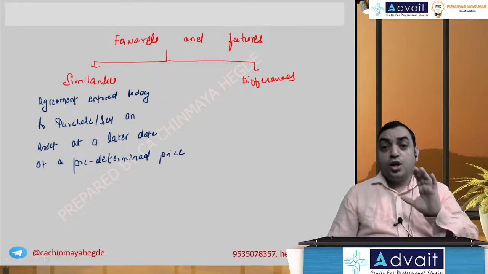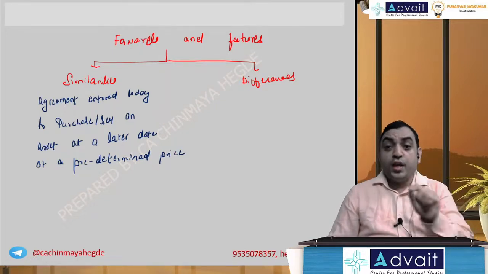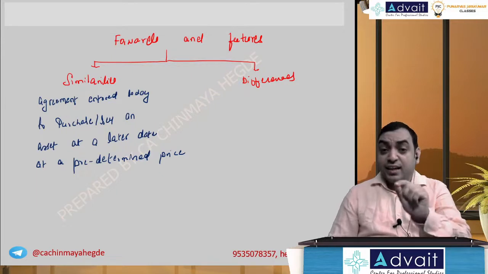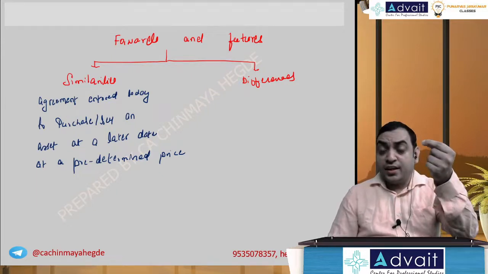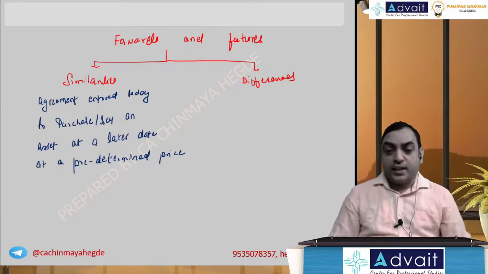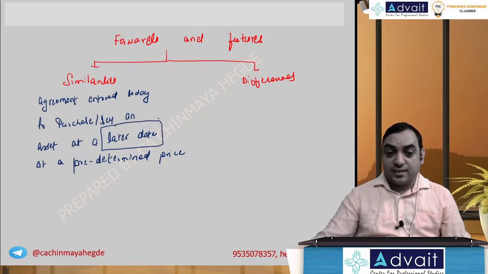So we are signing a contract today. Today we are only agreeing that I'm going to purchase the share later at a particular price. So two things are fixed. One is the later date, which is called the settlement date or expiry date.